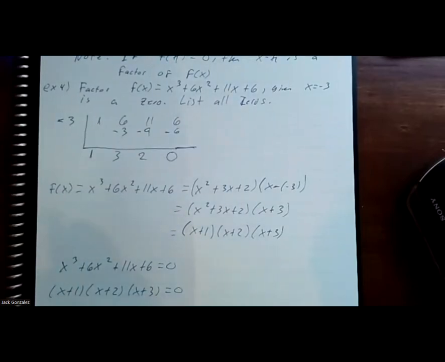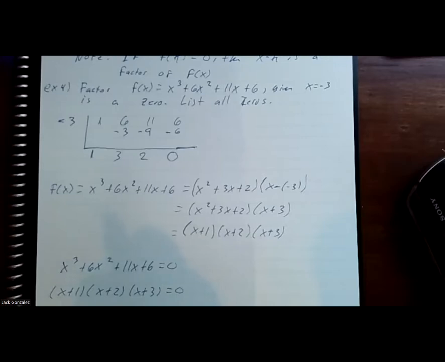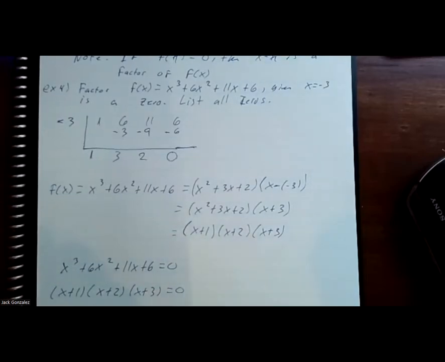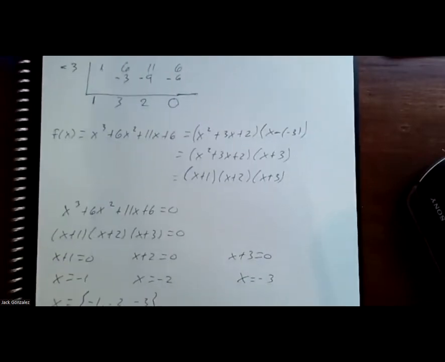So x plus 1 is 0, x plus 2 is 0, x plus 3 is 0, which means that x is -1, x is -2, x is -3. So just write your list in the solutions. Okay.